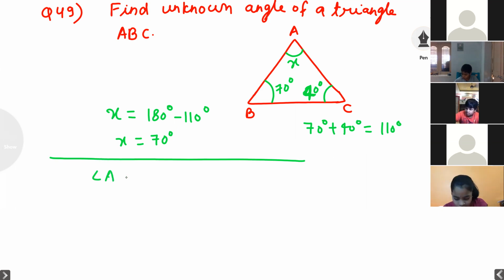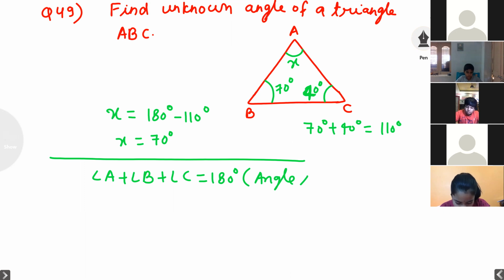angle A plus angle B plus angle C is equal to 180 degrees. That is called the angle sum property of a triangle.